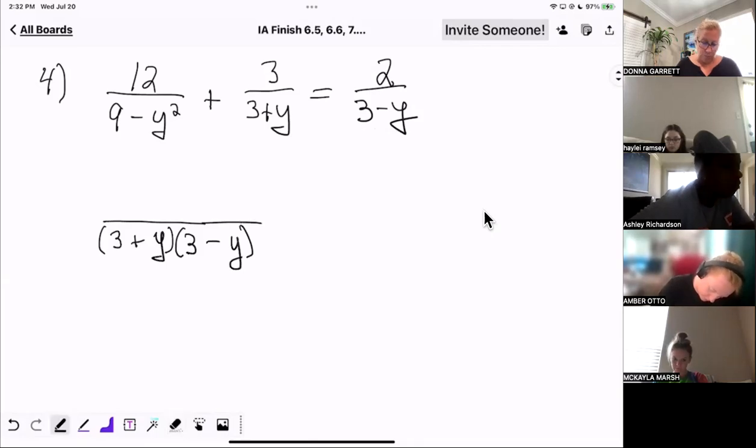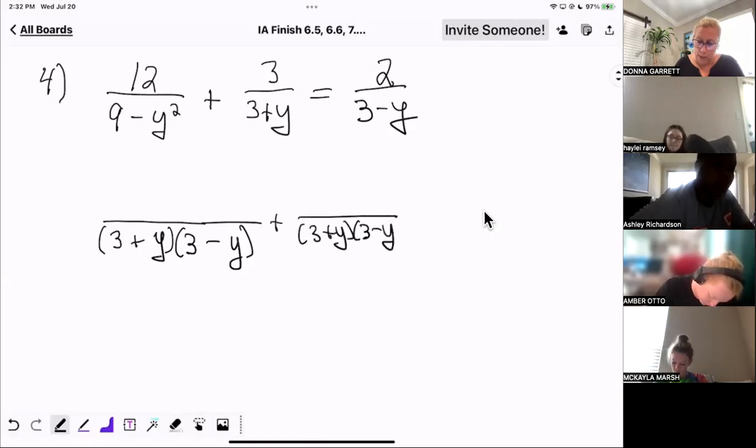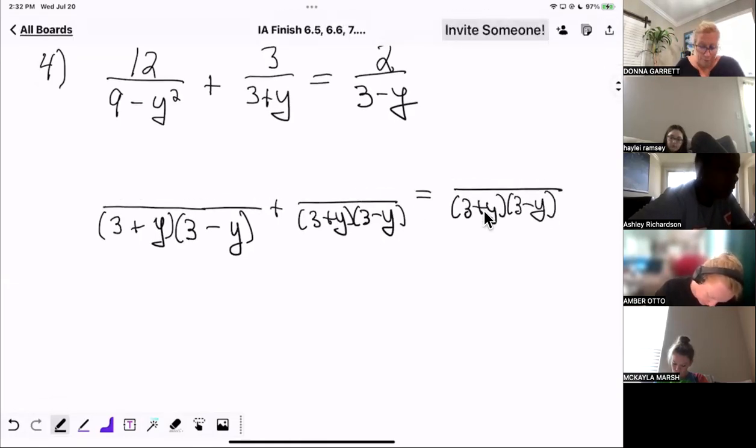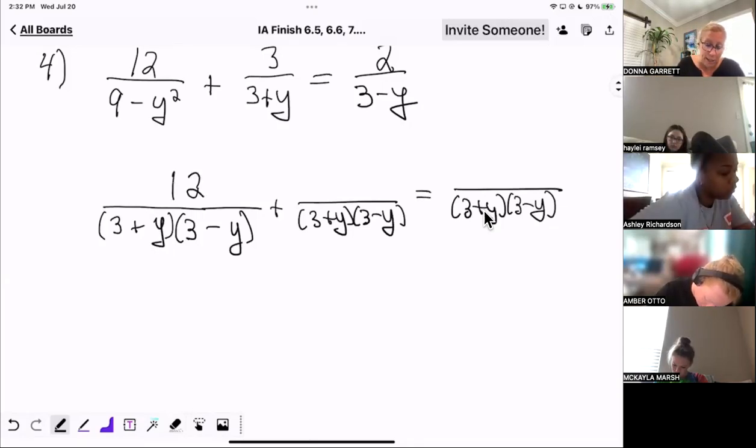Okay, that means if this is my factoring, and I have the other 2 already, that's my common denominator. So I am going to make all of these 3 plus y, 3 minus y. That's my common denominator. And now the first one is exactly what I needed. I'm not adding anything, I'm not multiplying by anything, so it's just 12.